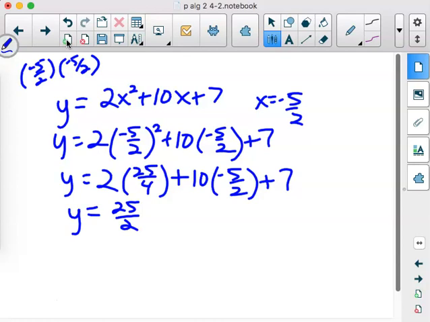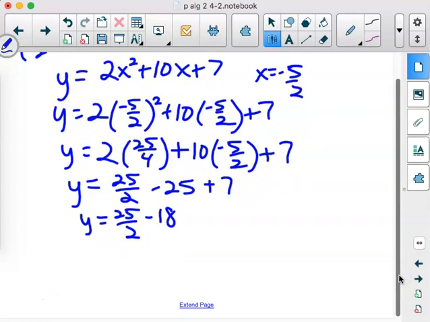Here I can take the 10 and the 2 and do a little reducing, and then I'll have 5 times negative 5, which is negative 25, plus 7. And then I have 25 halves, negative 25 plus 7 is minus 18.